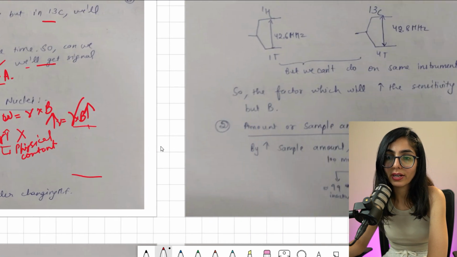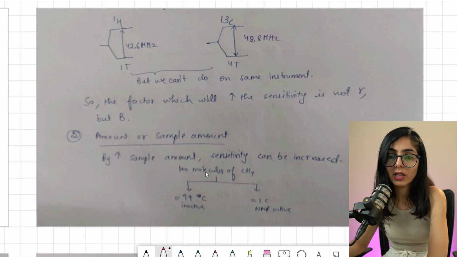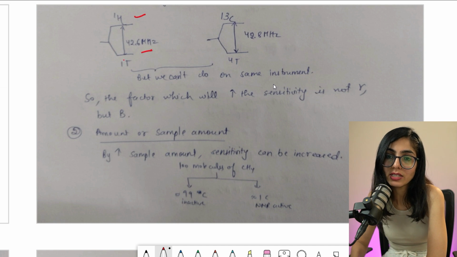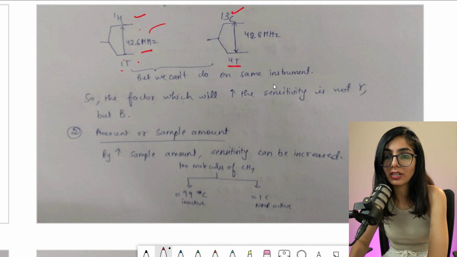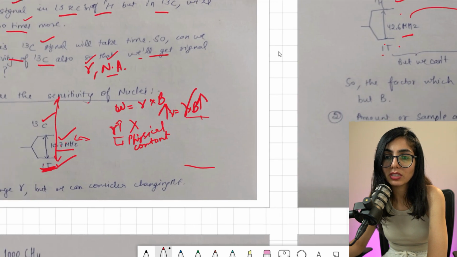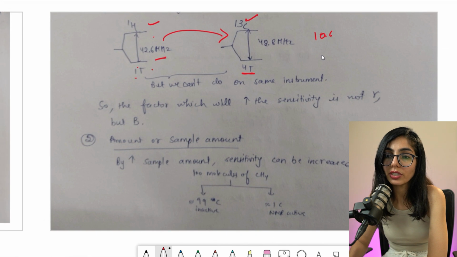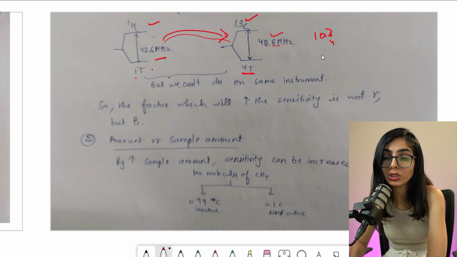Like the way I've shown here, for 1H it is 42.6, and if I take 13C at 4 Tesla now, it becomes 4 times, 10.7 times 4. You can see it becomes 42.8, almost equivalent to this.